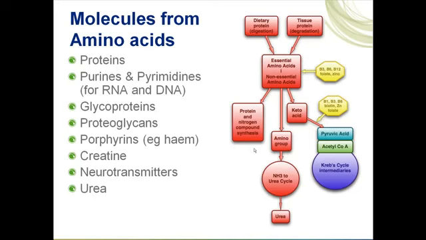And if you're synthesizing new tissues and cells, which is constantly occurring inside your body, you need new DNA. But you also need glycoproteins, then proteoglycans for connective tissue, porphyrins such as heme, and other compounds such as neurotransmitters in your brain, creatine as well. So a large, diverse range of compounds can be synthesized from amino acids.